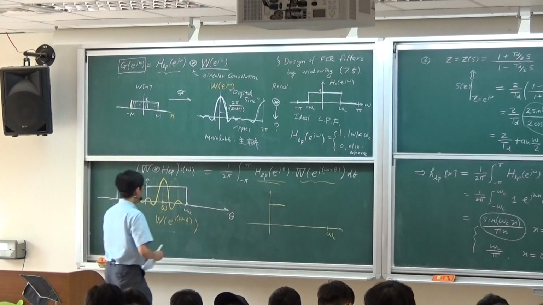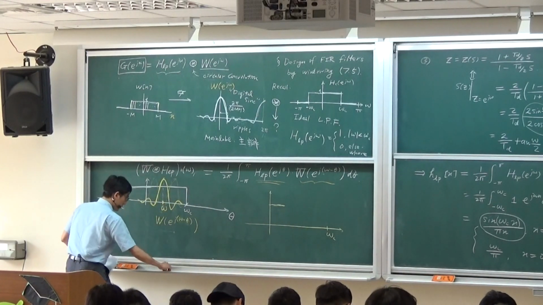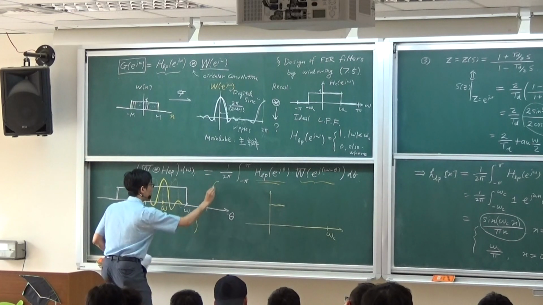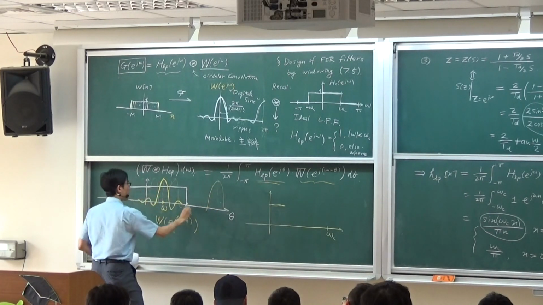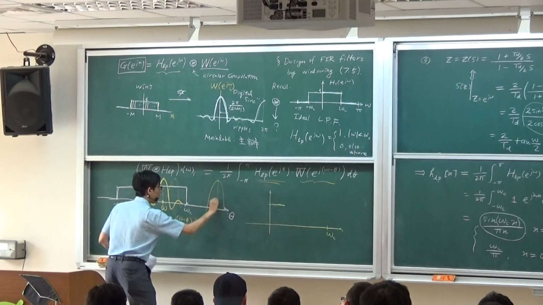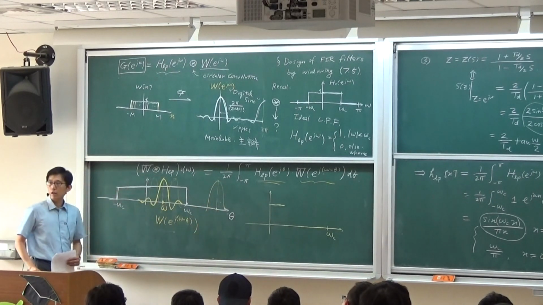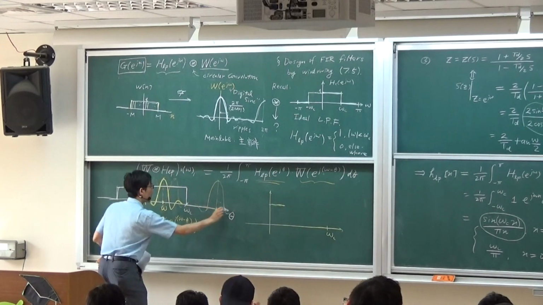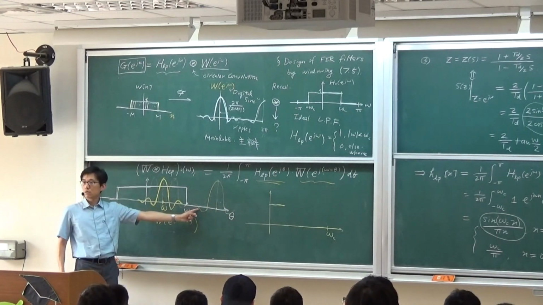Maybe it can go up and down a little bit, but not too much. Another situation is when omega is far away from the cutoff frequency, but in the stop band. The result of our integration is nearly 0.